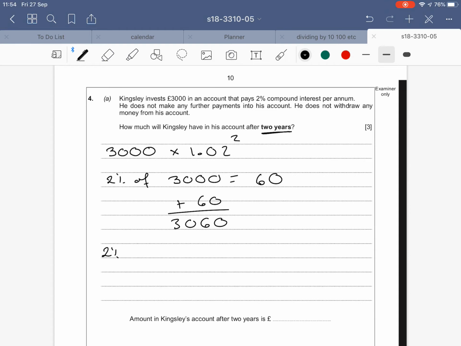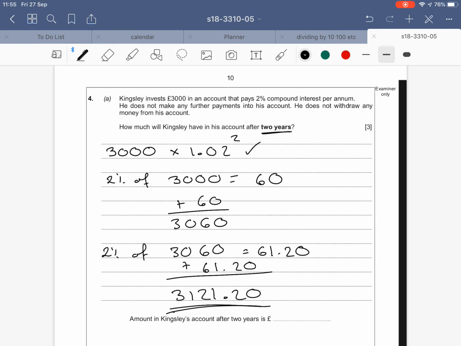We then want 2% of 3,060, which is £61.20. We're going to add on £61.20 to get our value of 3,121.20. If you wanted to check it on a calculator, that's fine. That's how you do it the long method. You want to find 2%, add it on, find 2% of that new number, add it on.